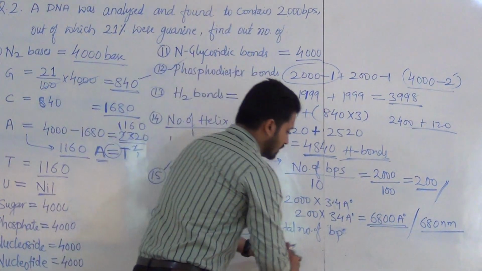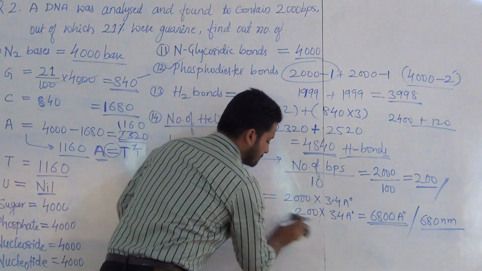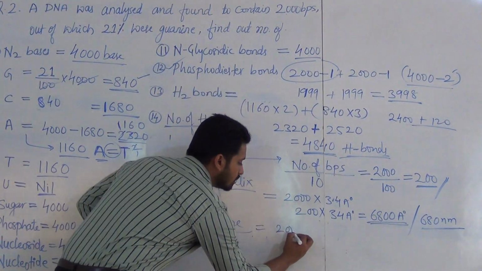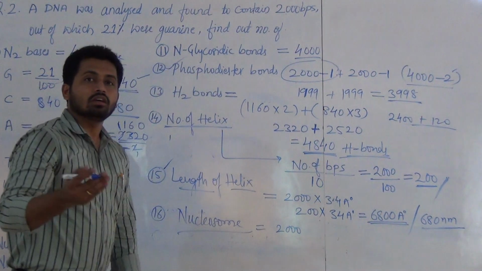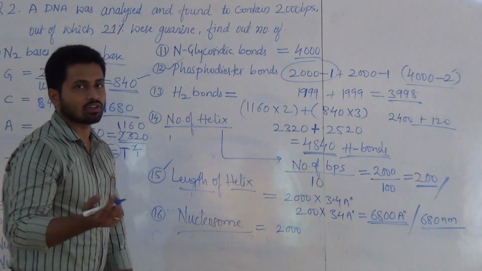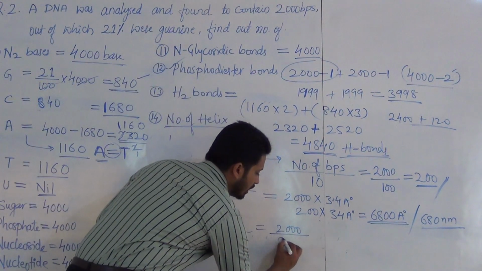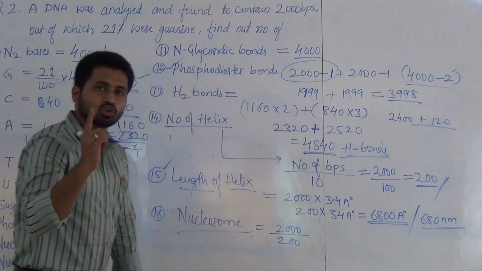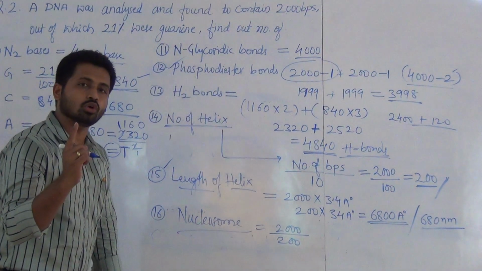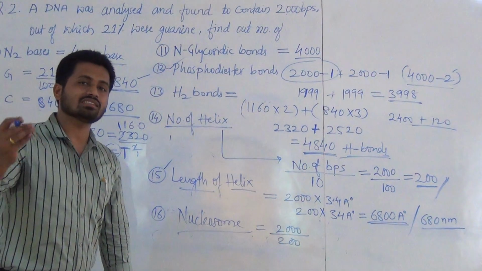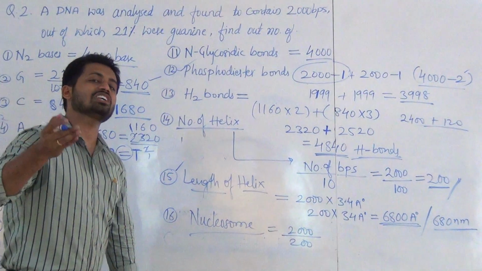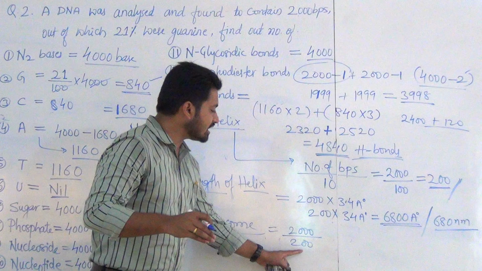Okay, totally I will directly write here, that is 2000, and each nucleosome contains how many? That is divided by 200. Single nucleosome contains how many base pairs? I told you 200. When it is asked the bases, it will be 400. When it is asked the base pairs, single nucleosome contains 200.